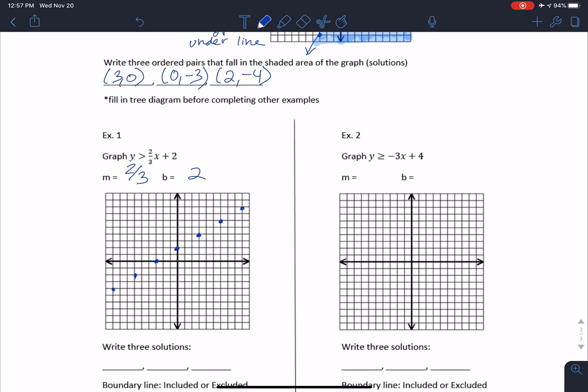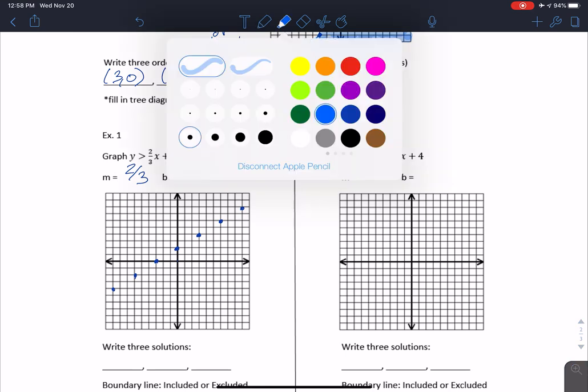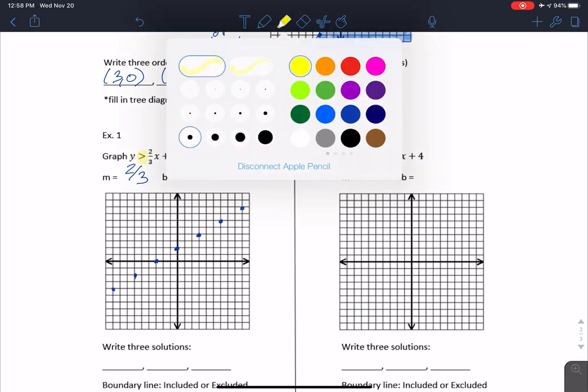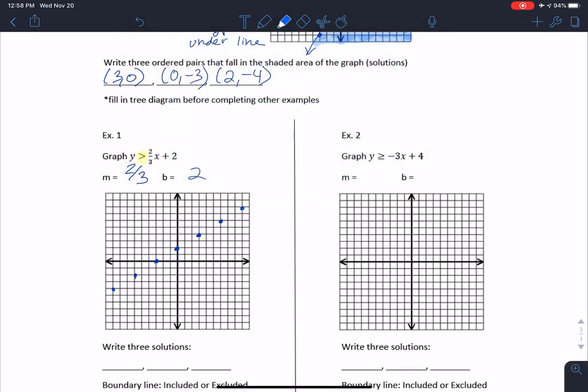And now, before I connect my points, I need to look at my inequality symbol right here. This is greater than, but not equal. So because it's greater and not equal, my line is dotted. So I'm just going to dash or dot the line.